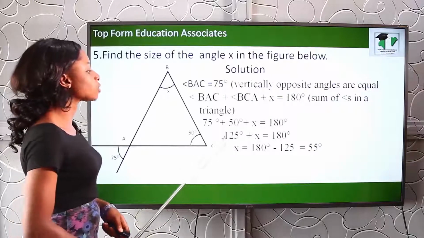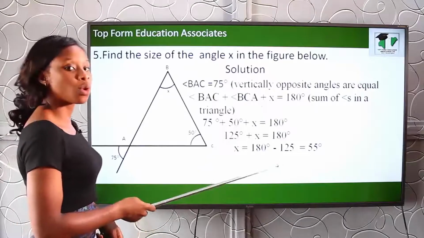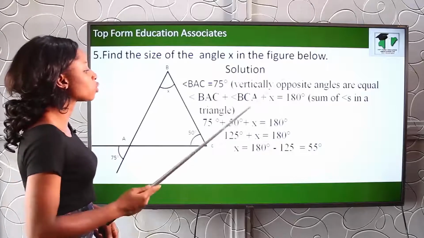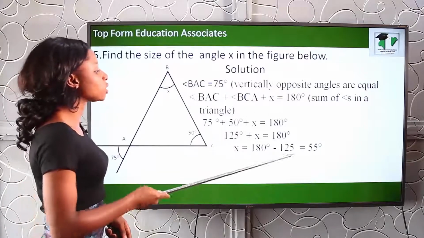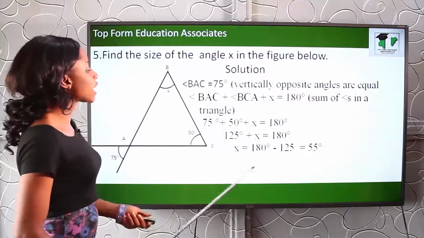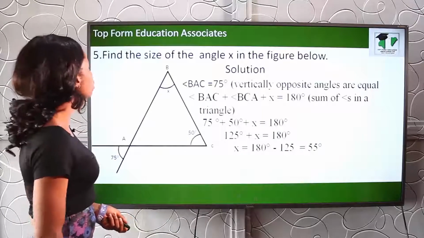When we take the sum, we have 125 degrees plus x equal to 180 degrees. Subtracting 125 from 180, we get 55 degrees, meaning the size of our x is 55 degrees.